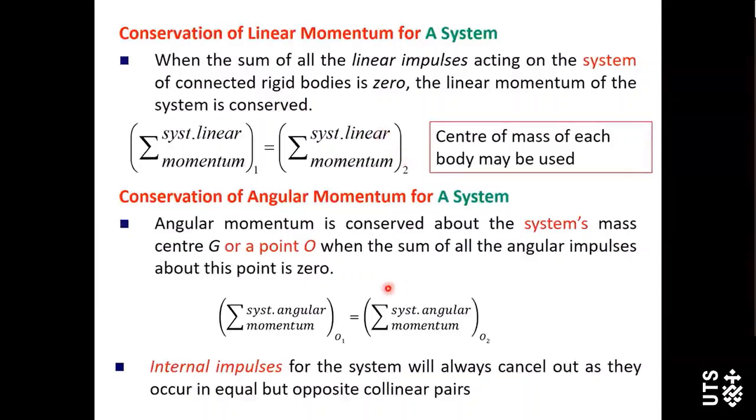For conservation of angular impulse and momentum for a system, the same reference point, for example, point O, must be used for every rigid body.